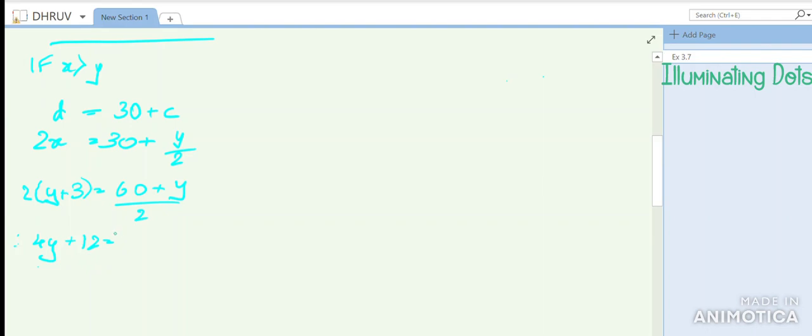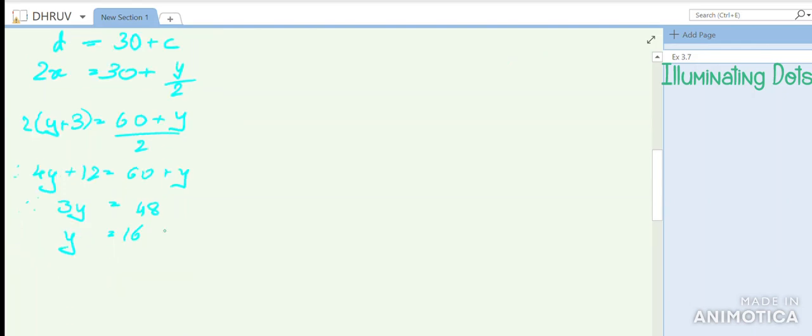So that is quite understandable. Now 60 plus y. So 4y, and minus y from this, plus y from this side, it becomes minus y. So it becomes 3y is equal to 60 minus 12, which is 48. So y is equal to 16. So we got y is equal to 16 here.